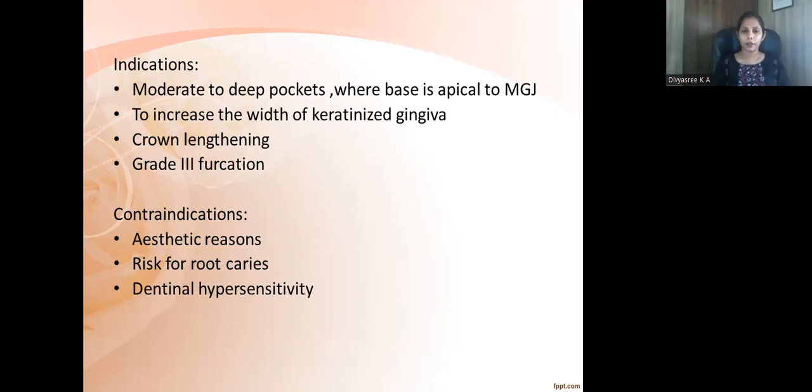However, it is contraindicated if patients are more concerned about their aesthetics, or if there is a high chance for caries or sensitivity.